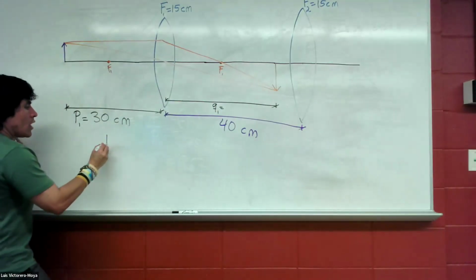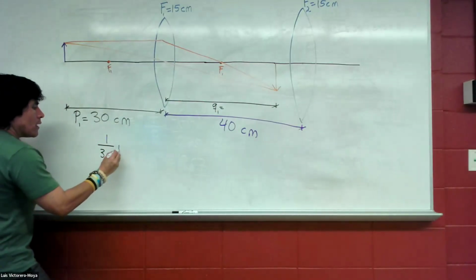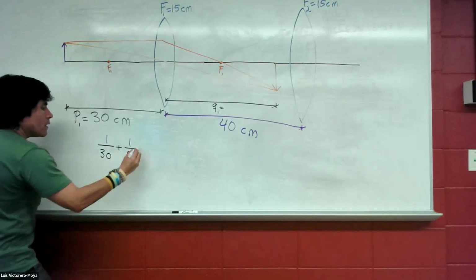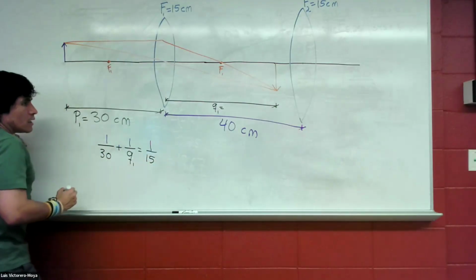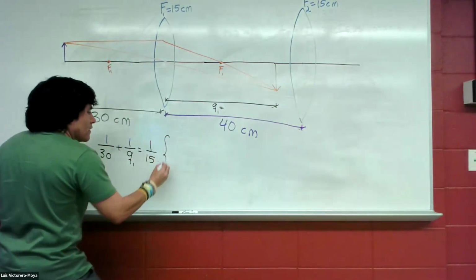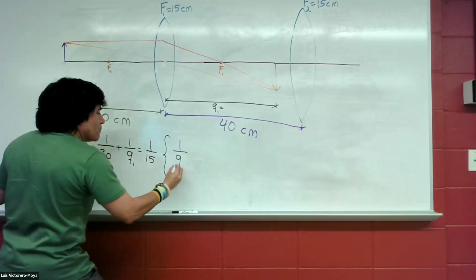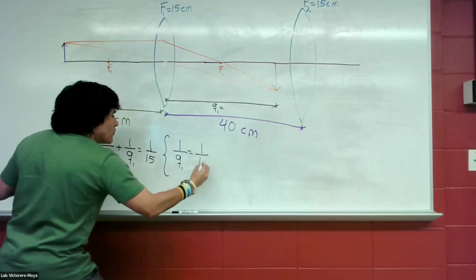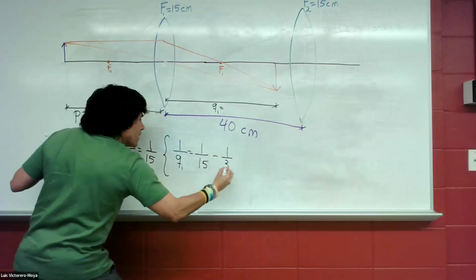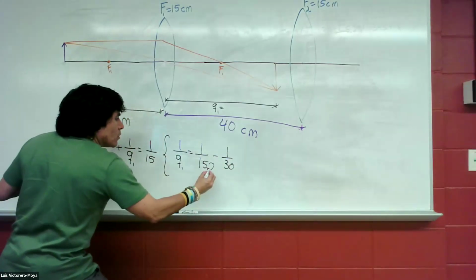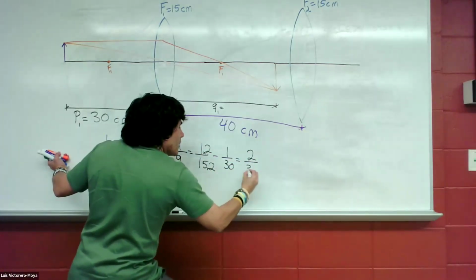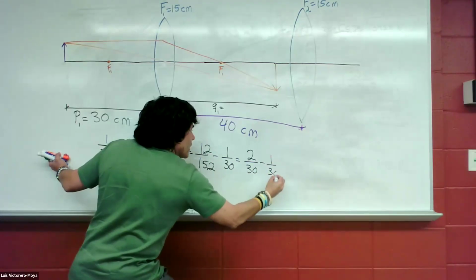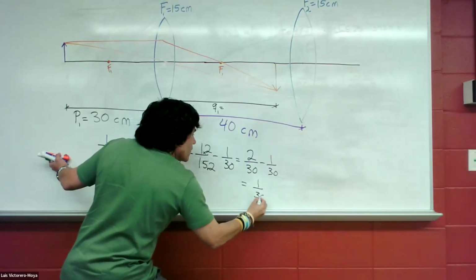So 1 over P1 plus 1 over Q1 equals 1 over f1, which is 15. If you do the math, guys, you get 1 over Q1 equals 1 over 15 minus 1 over 30. If you multiply by 2, you get 2 over 30 minus 1 over 30. That's 1 over 30.